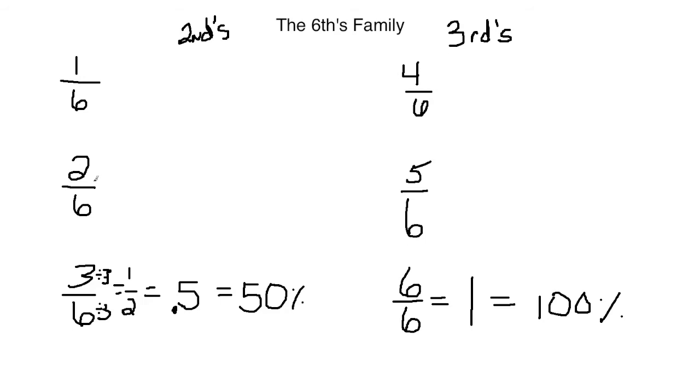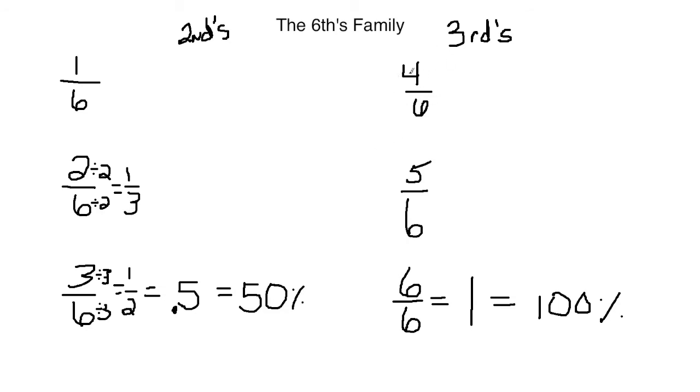So what factor greater than 1 can go into both 2 and 6? The answer is 2. So if you went 2 divided by 2 and 6 divided by 2, that would make 2 divided by 2 is 1. 6 divided by 2 is 3.